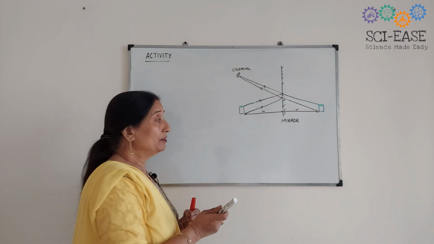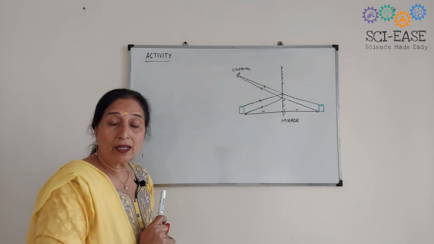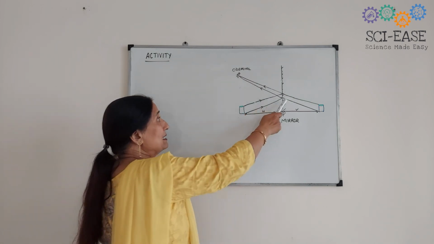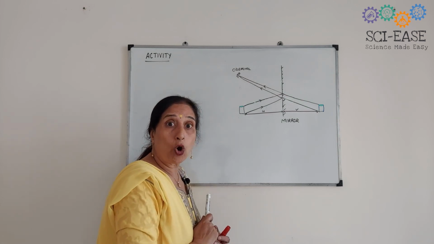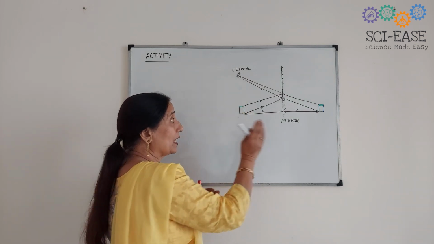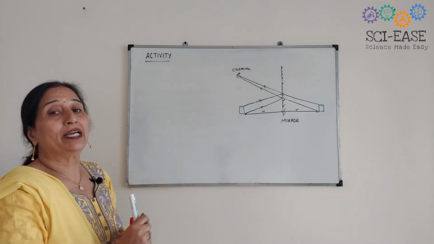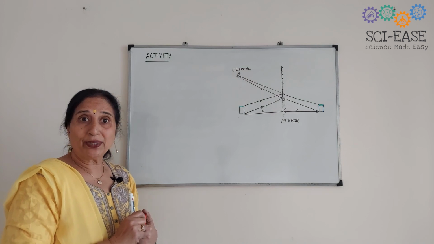What you will observe is that the image will be formed of this paint bottle and the rays will enter the eyes of the observer. So what is the type of the image formed in the plane mirror? That I am going to tell you.